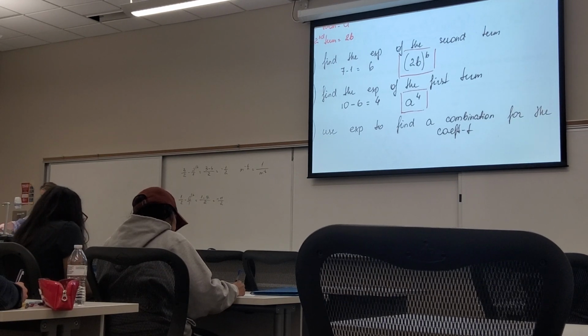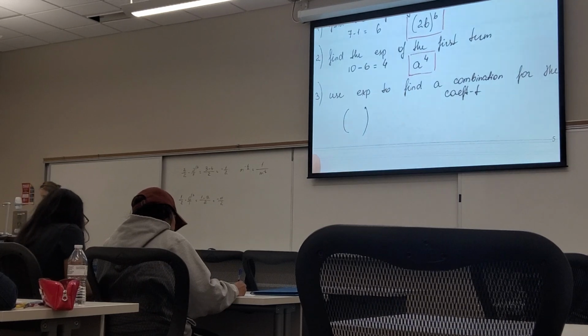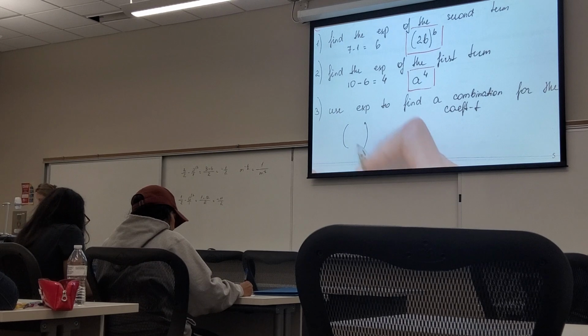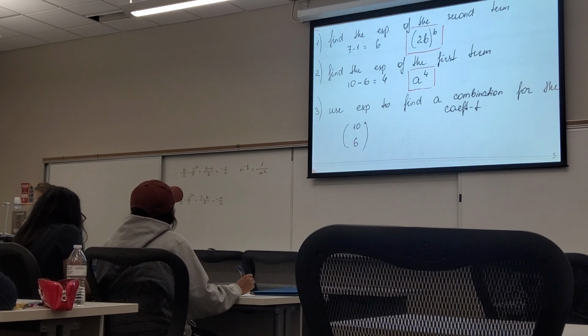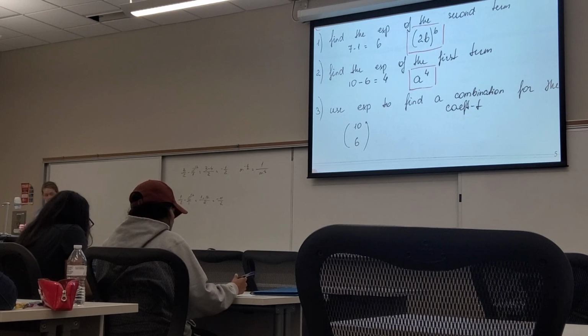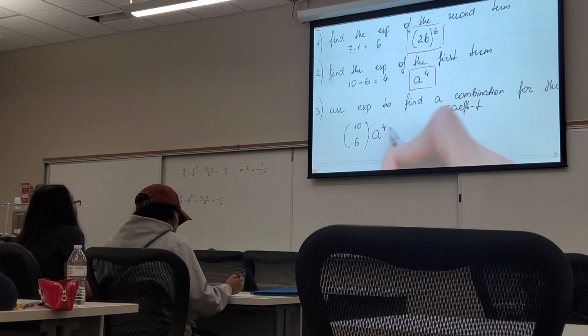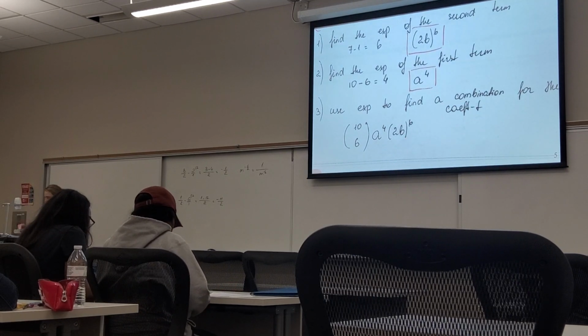And I know that my second term power is 6, so I'm looking for the group of 6 out of how many? 10. Then I need my first term, correct? a to the 4th. Second term, 2b to the 6th. And I'm going to simplify everything.